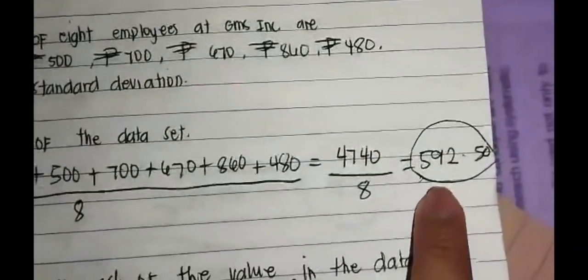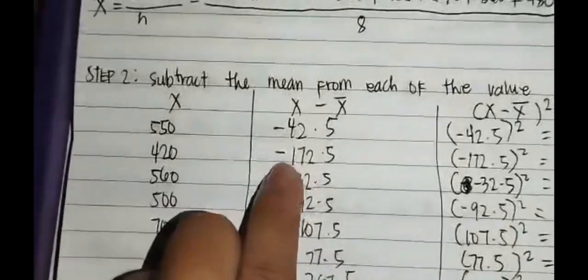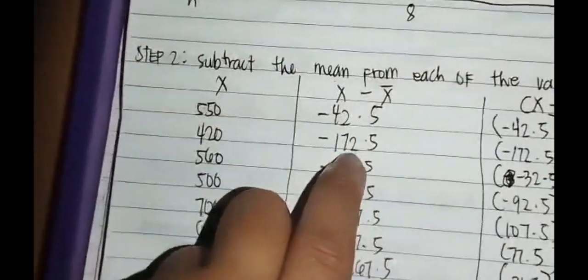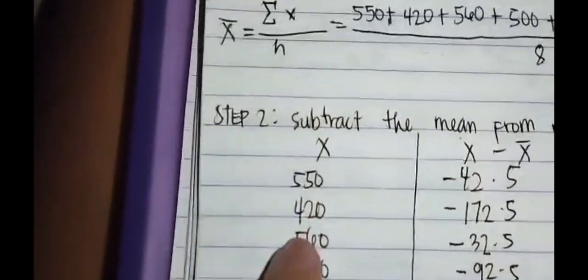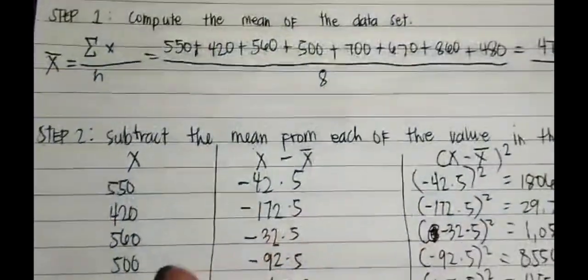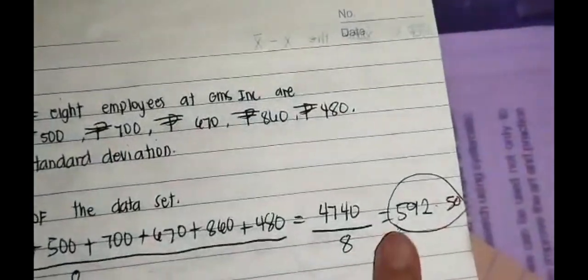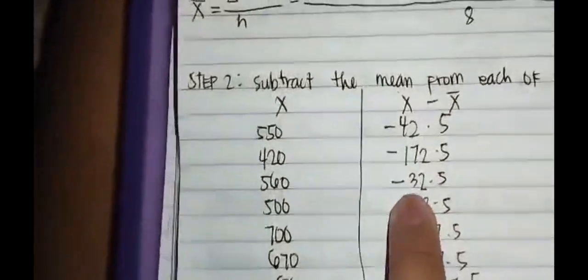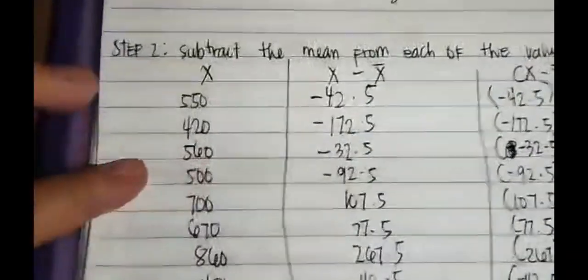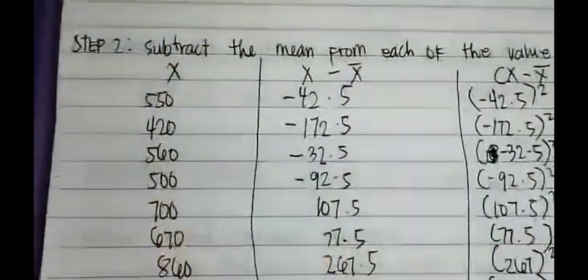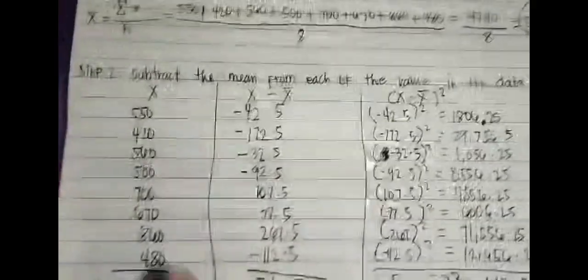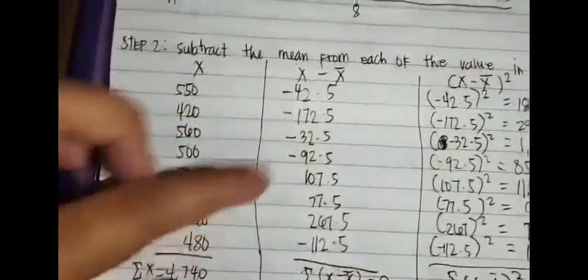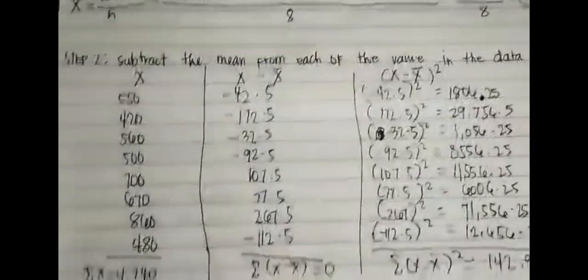Tapos, 420 minus 592.5 is negative 172.5. Tapos, ito namang isa, 560 minus 592.5 is equal to negative 32.5 and so on. Ganun lang din ang gagawin dito sa kabila, dyan sa lahat. Pare-pareho lang yan.